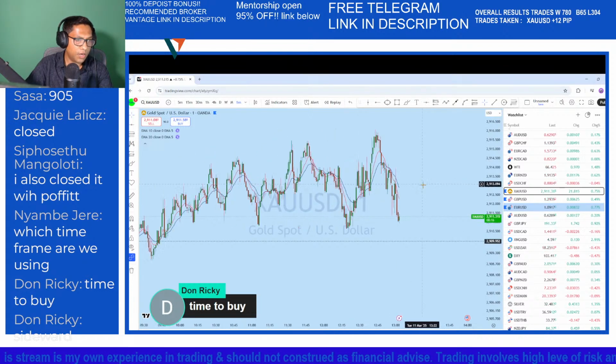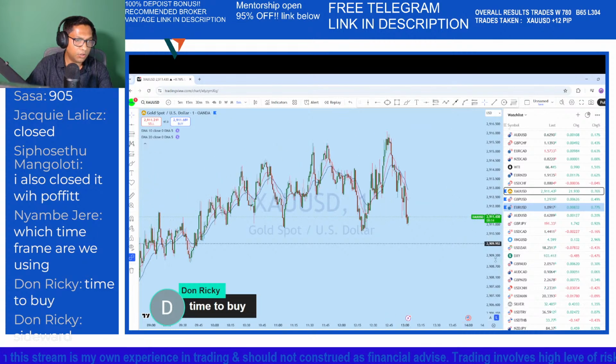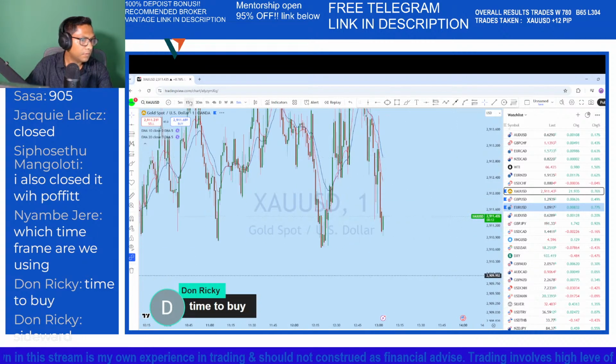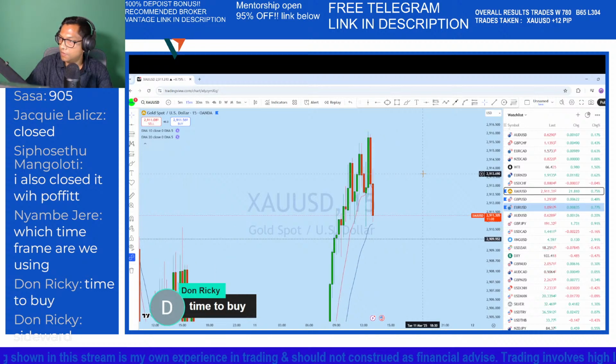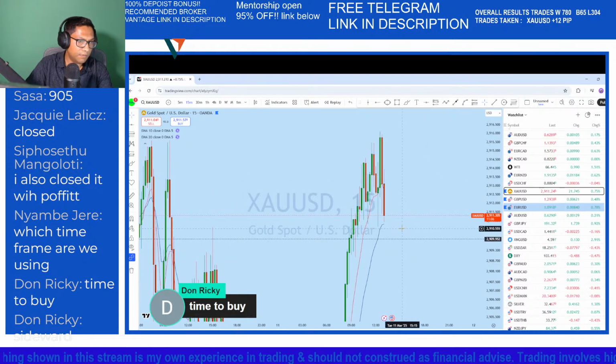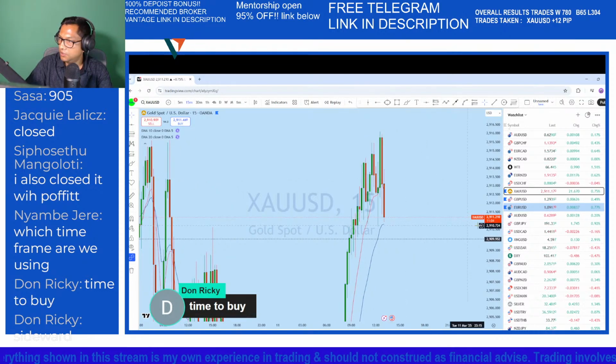Okay, very narrow candle formation here on the lower time frame. Possibly to see some retest of this 20 EMA.